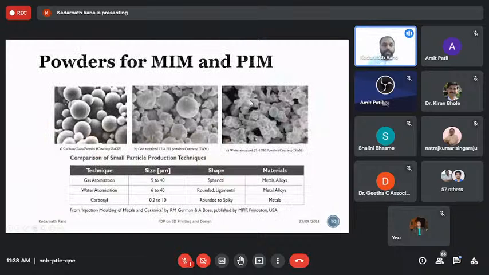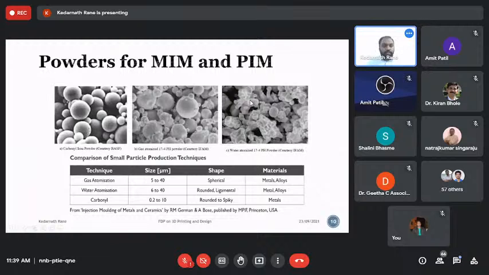When it comes to the diversity of the manufacturers, you can see BASF, Hoganas, Sandvik Osprey. There are n number of powder manufacturers producing powders for various applications. Here we are seeing three different types of powders, produced from the carbonyl process.